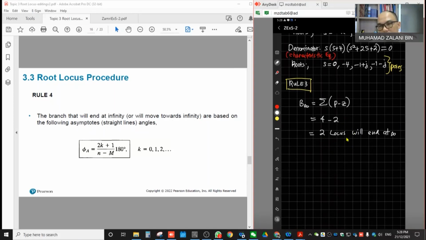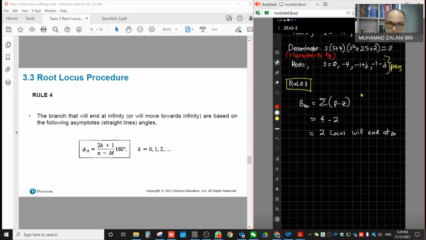We know 2 locus start from the complex root poles, from -1 plus j and from -1 minus j, and will end at infinity. These 2 branches follow the asymptote angles.